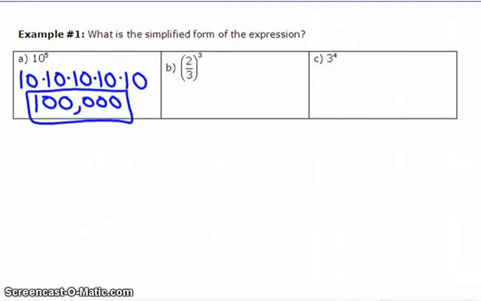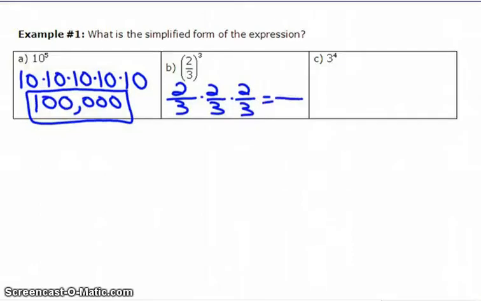I simplified it. 2/3 to the third power would be 2/3 times itself 3 times. Now, if you've forgotten how to multiply fractions, we multiply across.